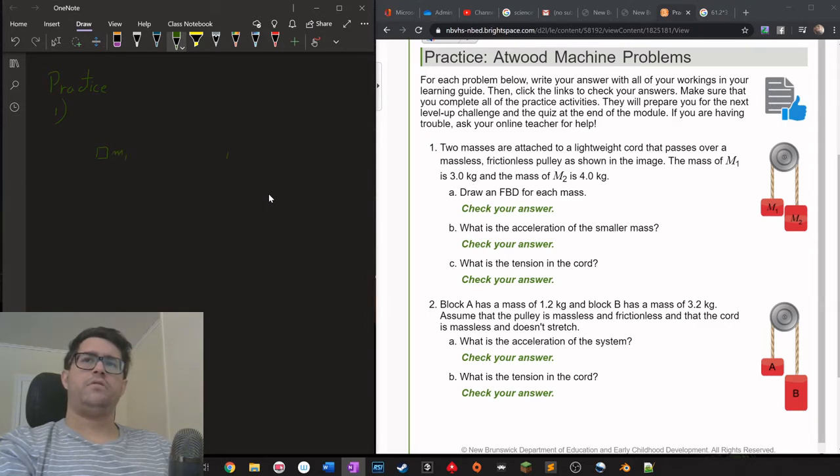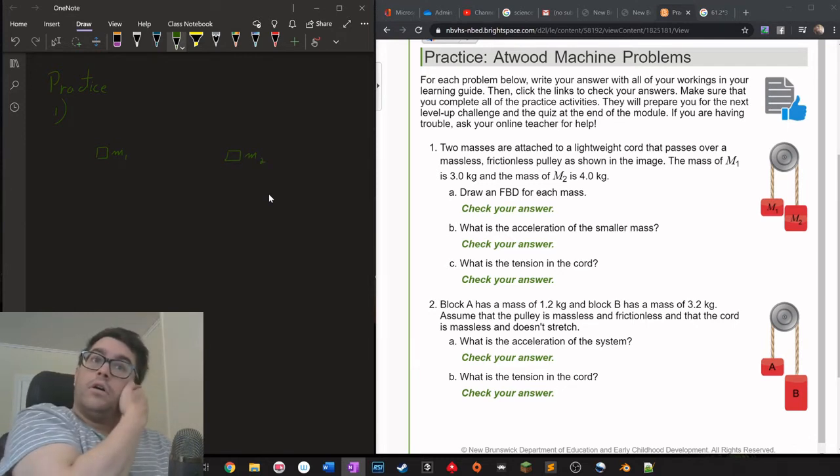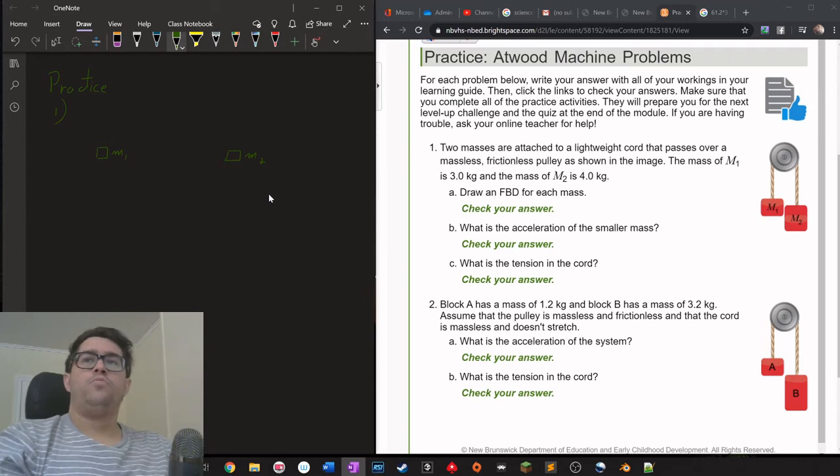Again, pause me right here and do it. So M1, if we look at it, has its own weight, which I call FG1, and a tension T1. M2 has FG2 and T2.